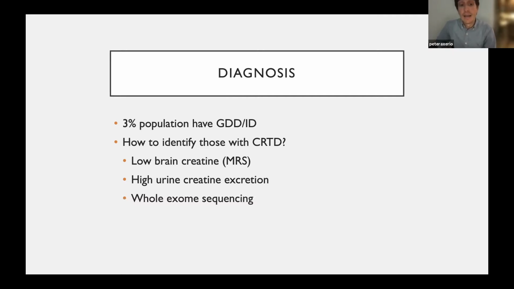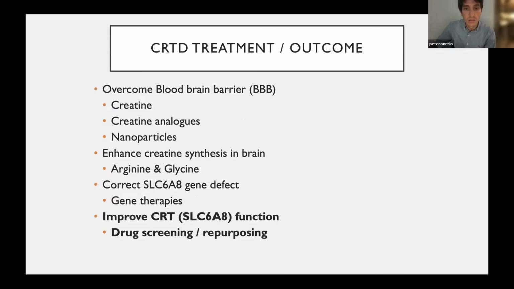Doctors prescribe whole exome sequencing to identify these types of mutations in the gene. So the common treatments are high concentration creatine. Creatine analogs have been tested, like cyclocreatine.